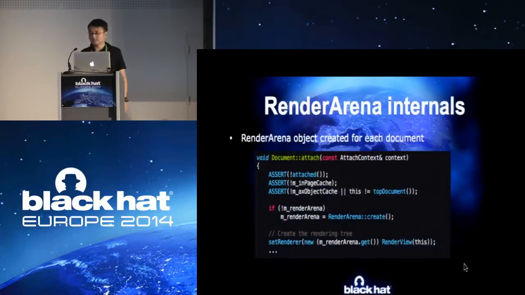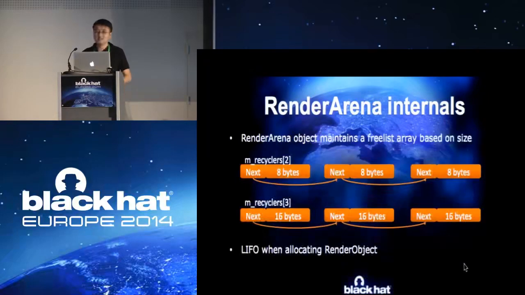So the render arena will be created for each document when the document is created. Internally, it maintains a single linked list with a next pointer to some other blocks to store those free lists.